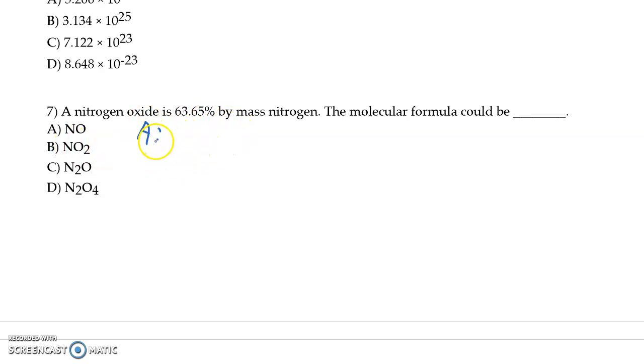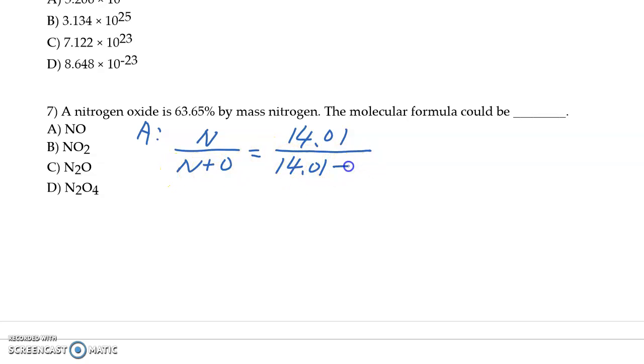What is the weight percent of nitrogen for part A? It will be the weight of nitrogen divided by nitrogen plus oxygen. Nitrogen from the periodic table is 14.01 grams per mole, divided by the total weight of the molecule. Oxygen is 16.00.